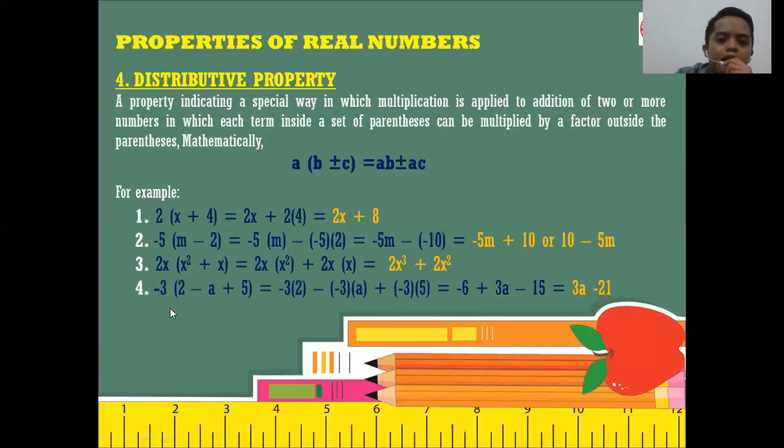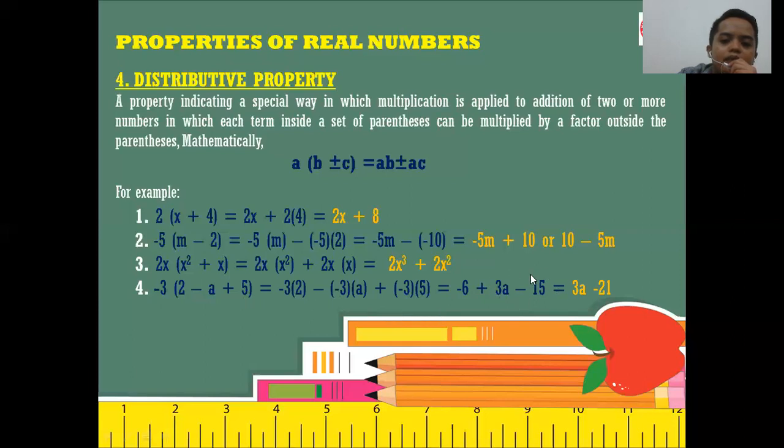Now for number 4, it involves a trinomial. Negative 3, you multiply to the inside 2, negative a, and 5. Negative 3 times 2 is negative 6. Negative 3 times negative a is positive 3a. And negative 3 times 5 is negative 15.